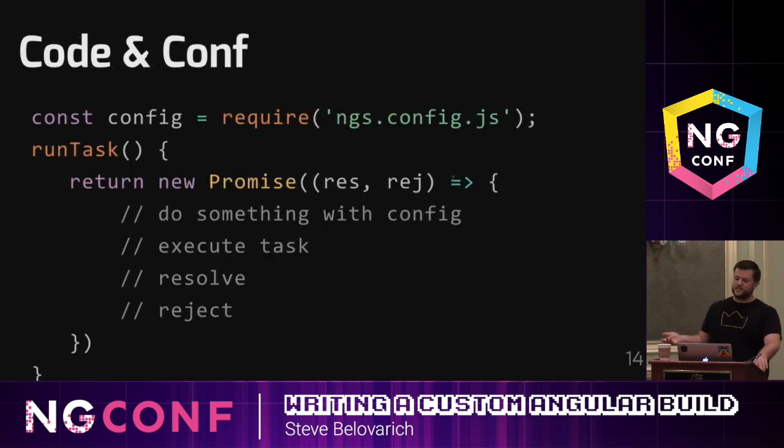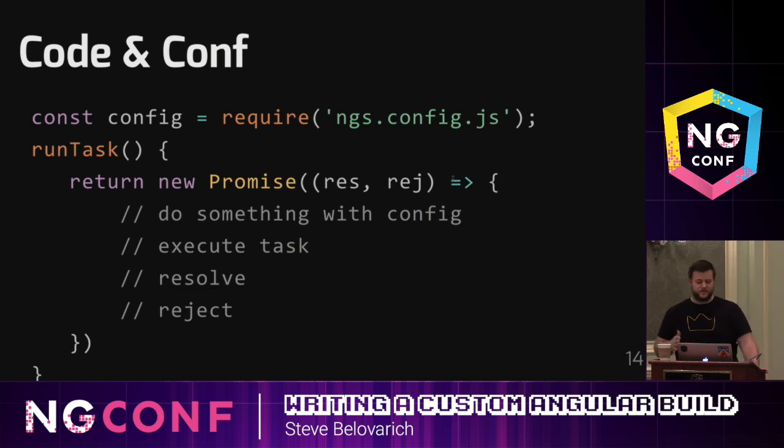So inside of our project, we're going to use this config. And this is just some pseudocode here to give you an example. We're going to require the config file from our local project that we scaffold. And then inside of our CLI, we have a method that runs a task.